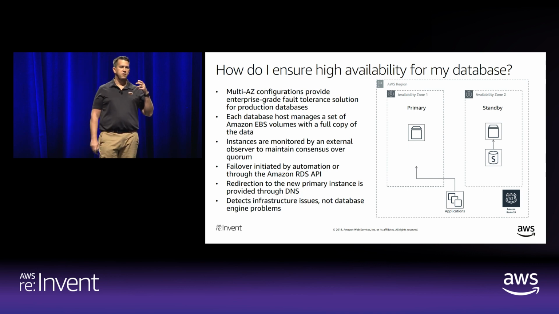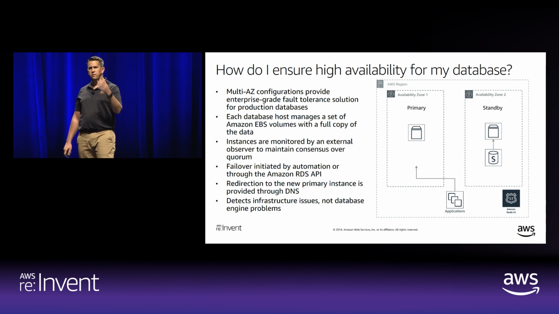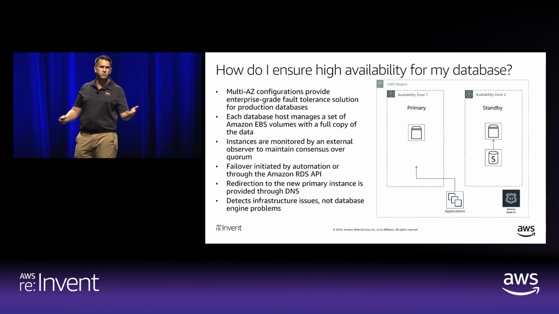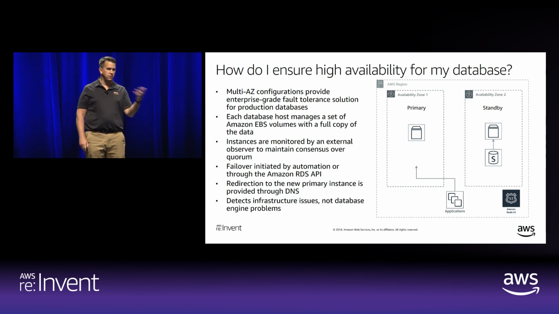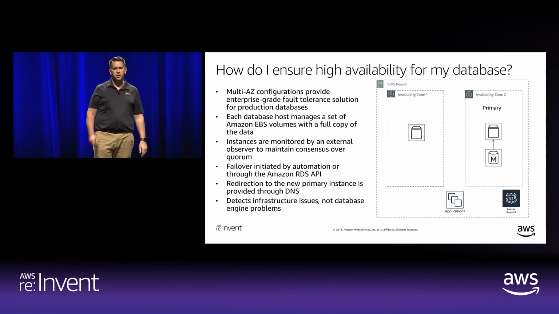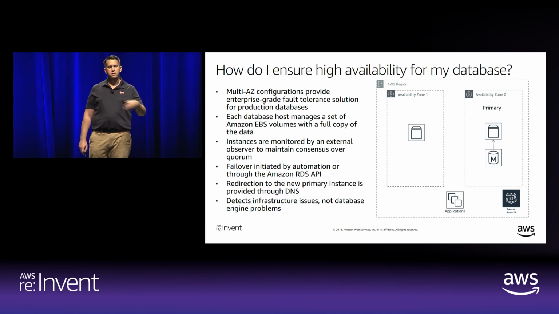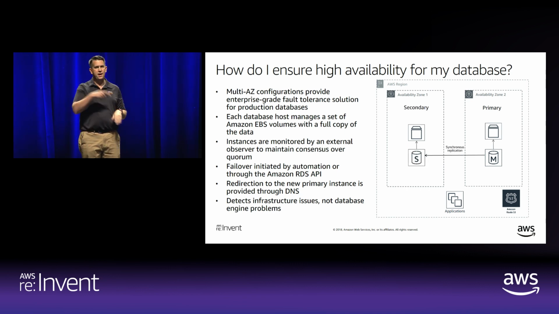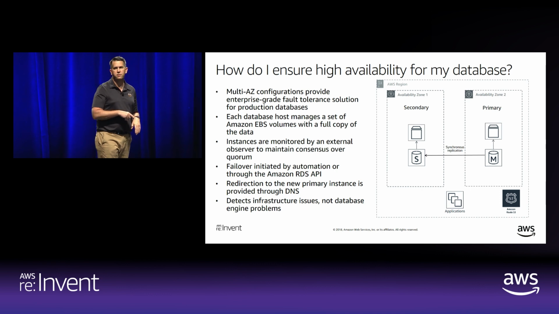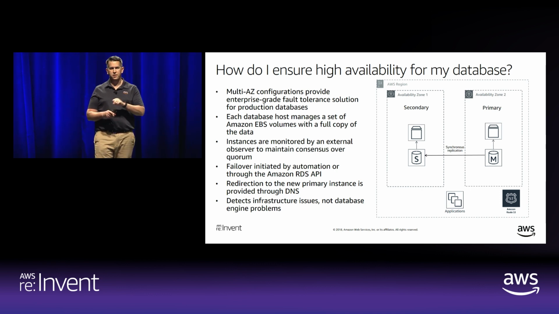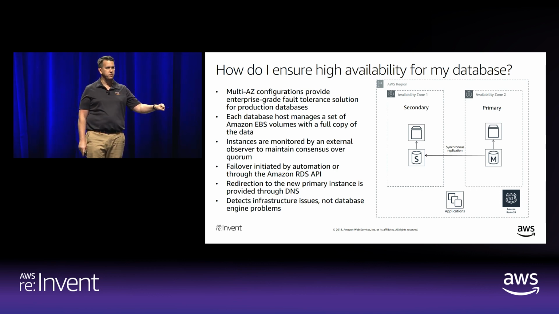Maybe there's a volume failure, or there's a network outage, or something happens to the instance, an infrastructure problem. So you'll get a disconnect. We will then promote the secondary to become the new primary, and then we will set up backup replication because we want to get it back into a high availability mode. So we'll set up replication back to another availability zone. We'll spin that up, and we'll start replicating back.